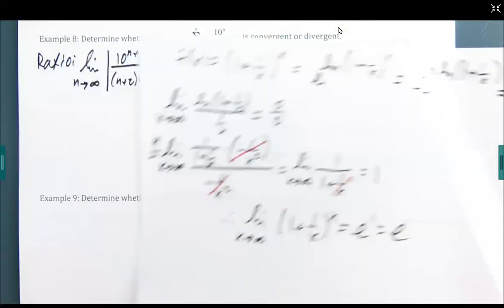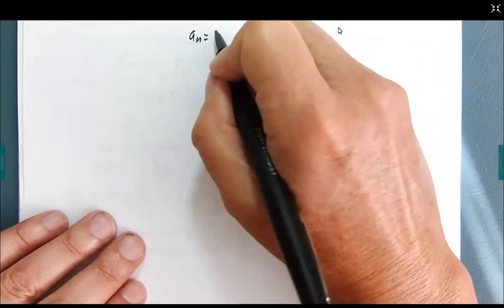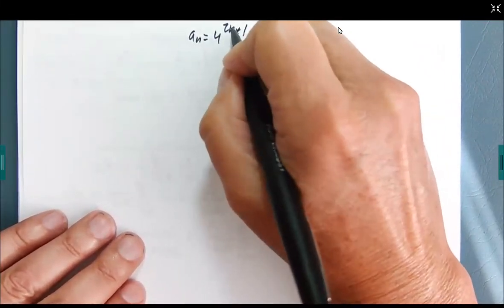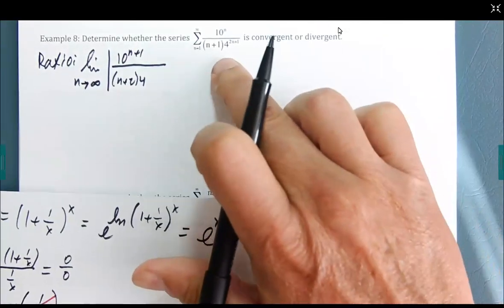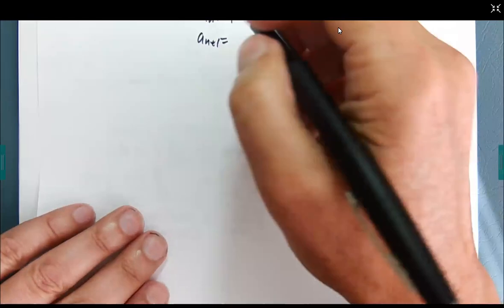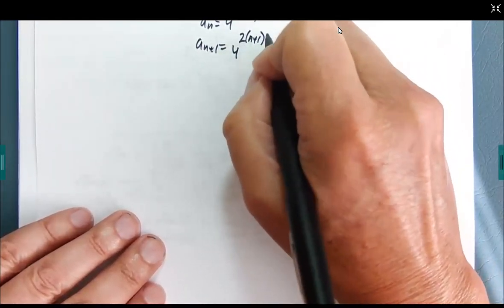Some scratch paper. So if I have a sub n is 4 to the 2n plus 1, a sub n plus 1, which I'm going to need here, becomes 4 to the 2 times n plus 1 plus 1.